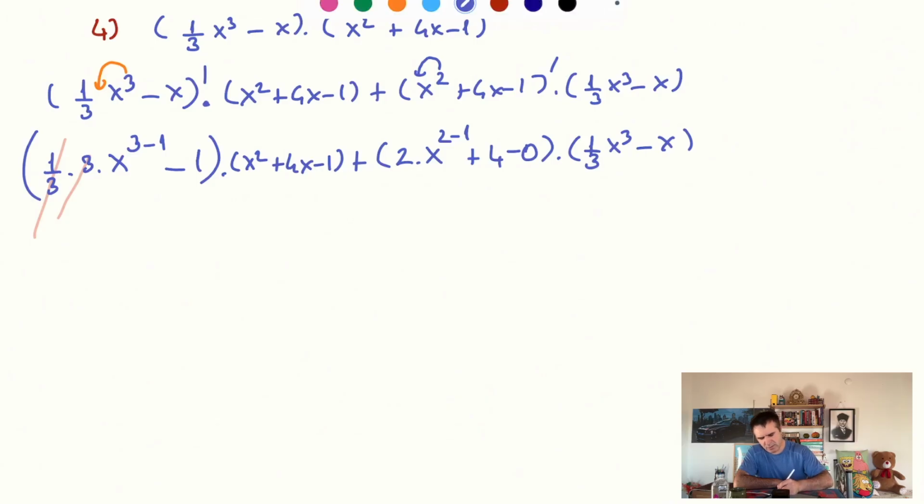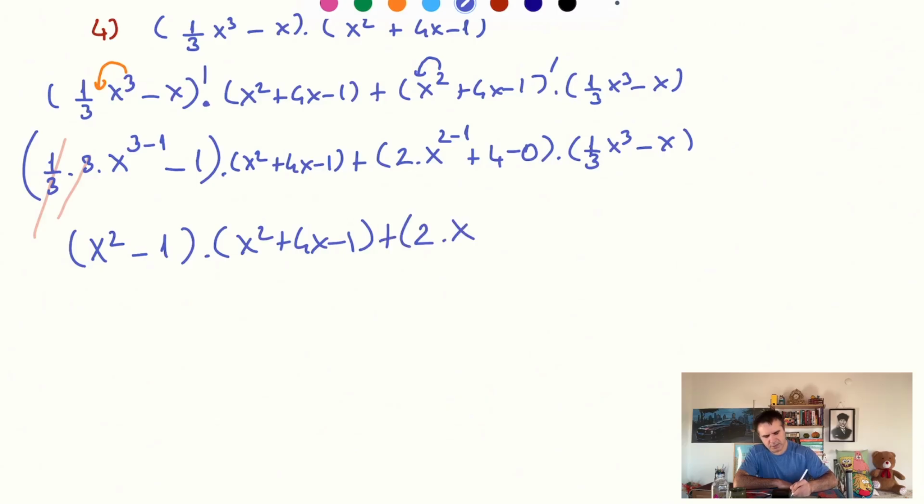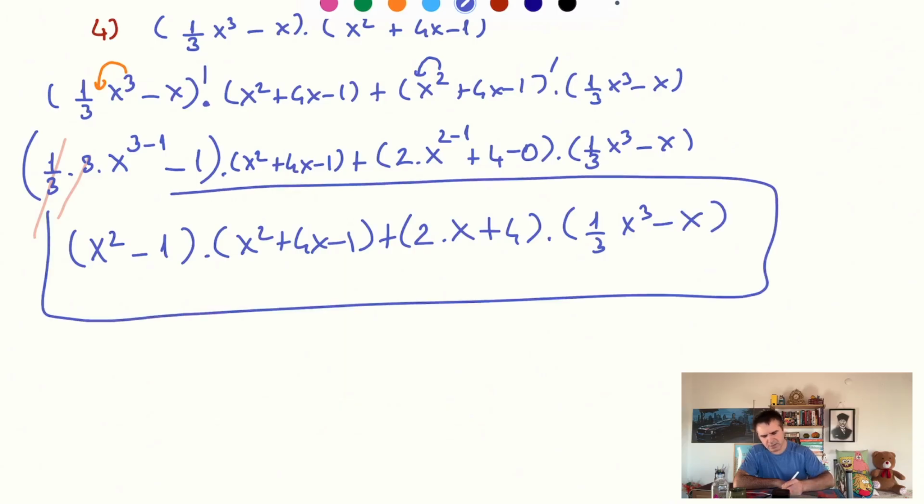Then the derivative will be x squared minus 1 times x squared plus 4x minus 1, plus 2 times x plus 4 times 1 over 3 times x cubed minus x. And this is the answer.